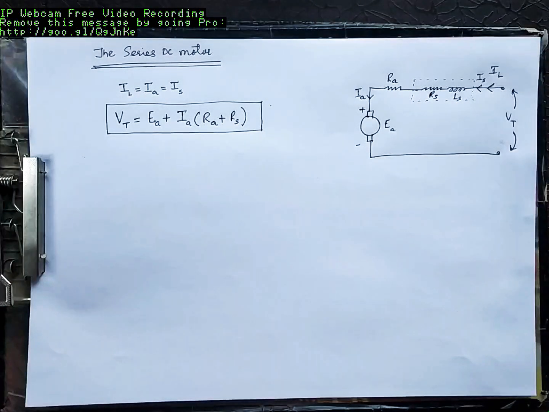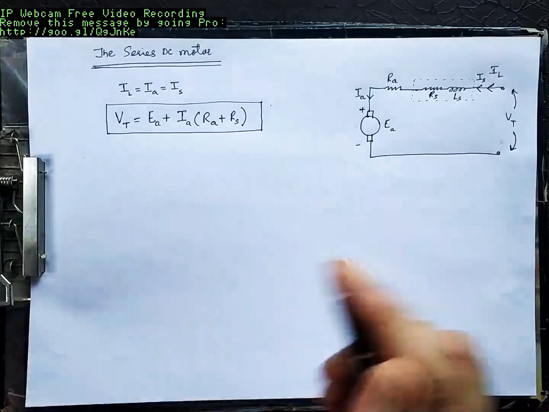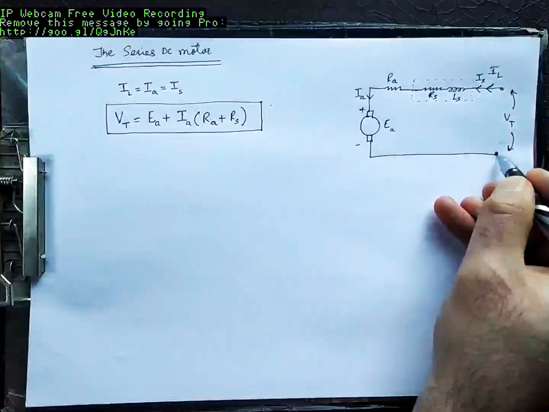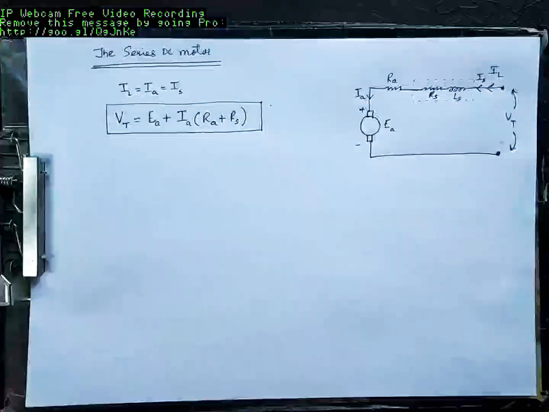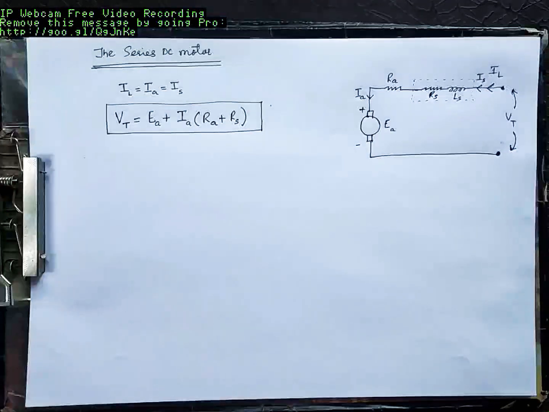Now we basically want to plot the terminal characteristics of this series motor. Before we plot them, let's first find the expression for torque in this motor. The torque expression is considerably different from that of the shunt motor or separately excited motor.